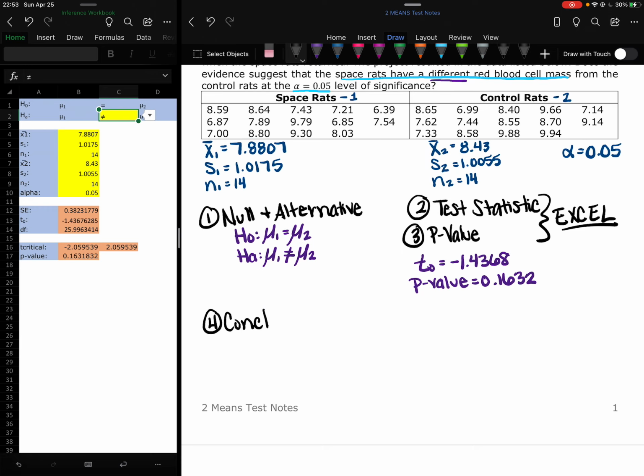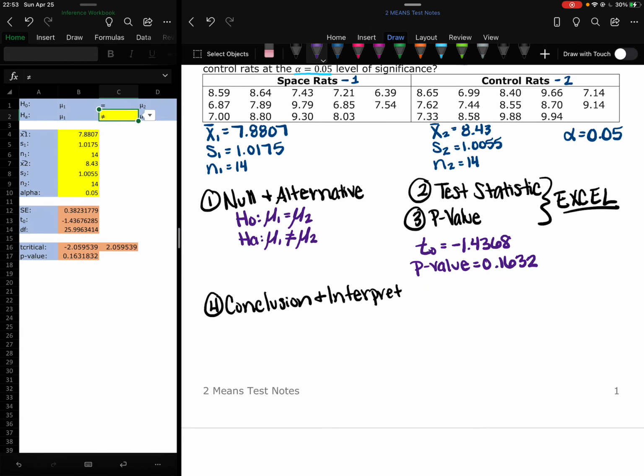Once we have those, we can go ahead and write our conclusion and our interpretation. So for the conclusion, I want to know, is my p-value too small? And I determine what is too small by comparing it to my alpha.